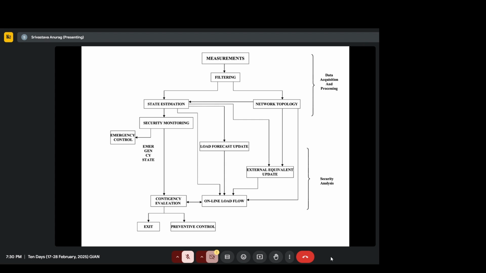Even though computational power has changed so much that we can now actually run all the contingencies and still do it in a few seconds, earlier, even 20 years before, it was not possible to run millions of contingencies in a few minutes.